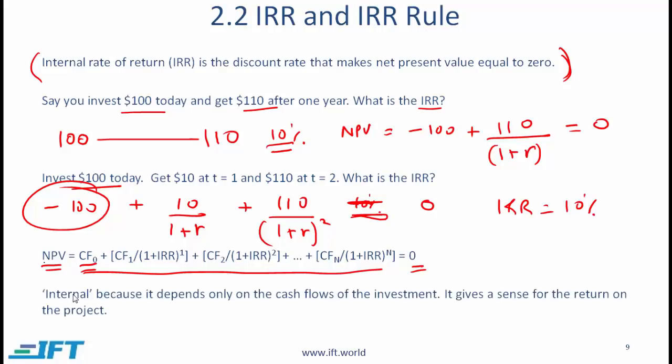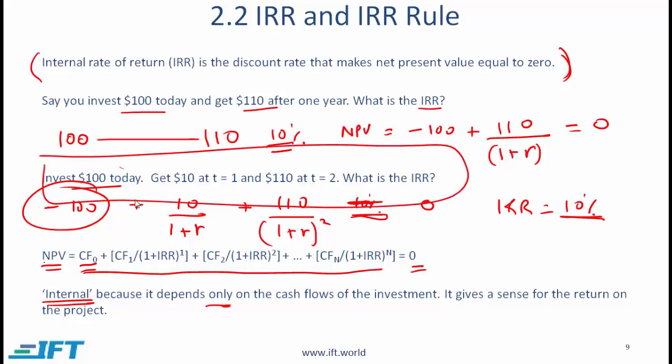In case you are wondering why we use the term internal, it is because the IRR that you calculate, the internal rate of return, depends only on the cash flows of the investment. So in this particular investment, we are only using the cash flows of the investment to come up with the return. And the big benefit of the IRR is that it gives you a sense for the return on this project.